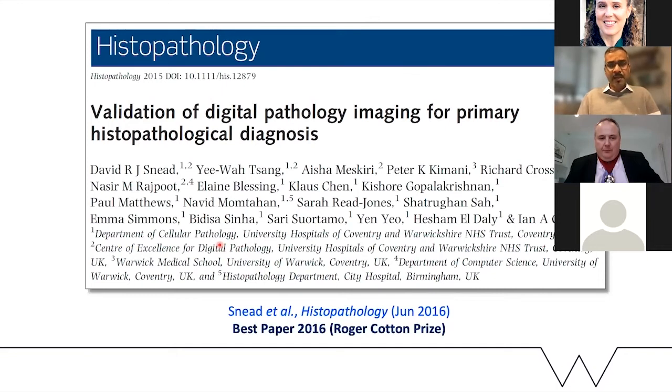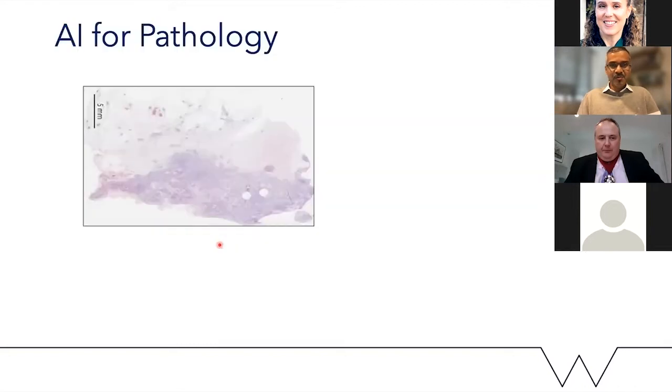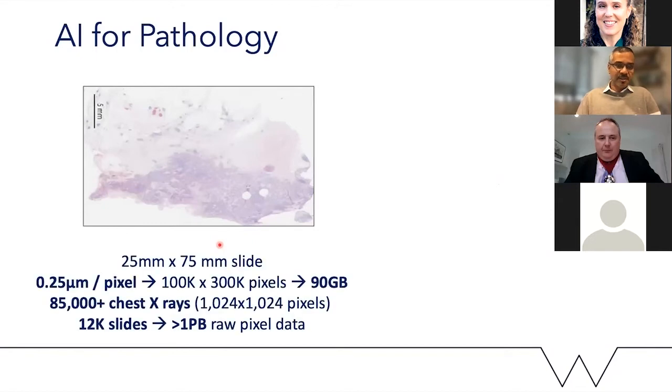But again, coming back to the contribution of the digitization towards the future of pathology, just to put things in perspective, each of these tissue slide images, if we think of it as a 2.5 centimeter by 7.5 centimeter slide, your regular tissue slide, if we digitize that at 40x at a resolution of 250 nanometers per pixel, that generates roughly 100,000 by 300,000 pixels of data.